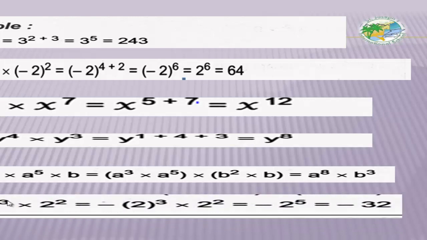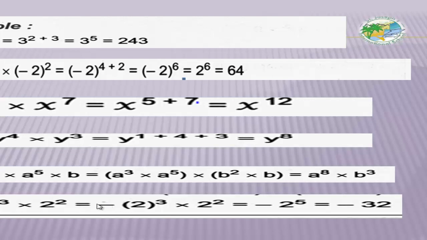Negative 2 power 3 times 2 power 2. I said before, it should be that the bases are equal in number and in sign. Here it is equal in number but not equal in sign. I said before, if the number is negative and the power is an odd number, we can remove the negative sign outside.